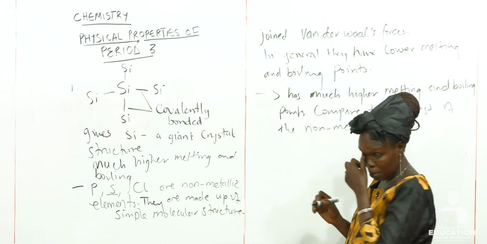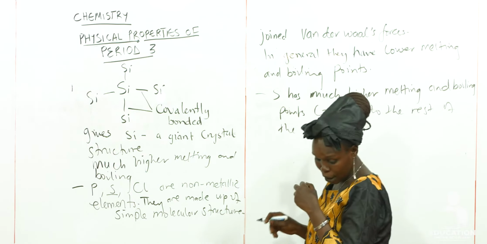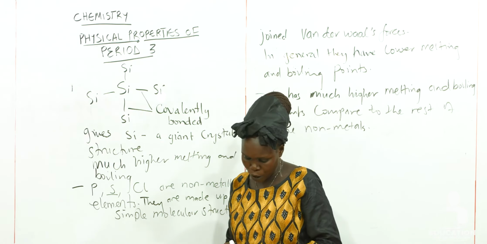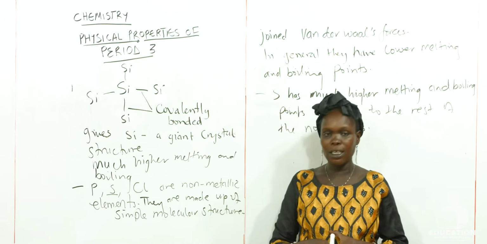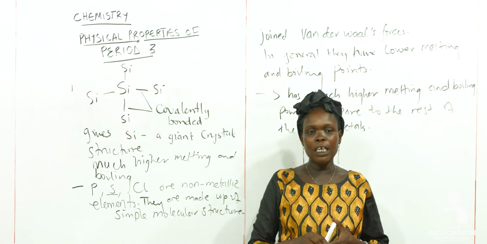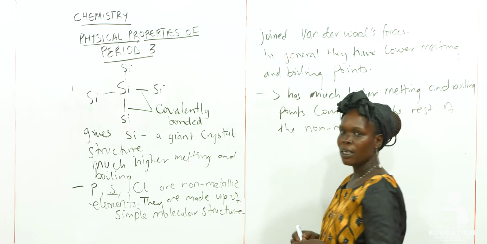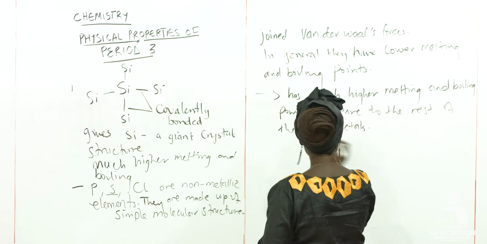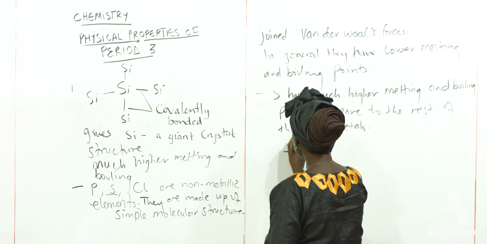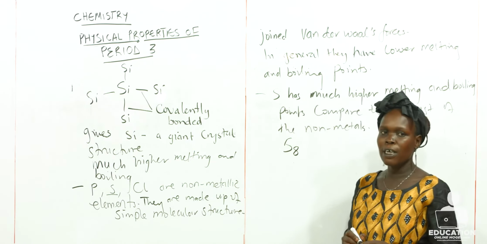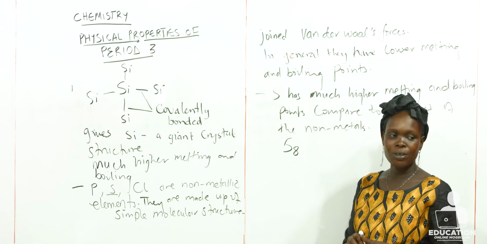So the rest of the non-metals are phosphorus, chlorine, and argon. This is because sulfur exists as discrete molecules consisting of 8 atoms of sulfur bonded together.